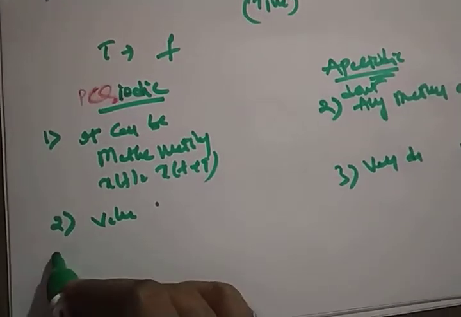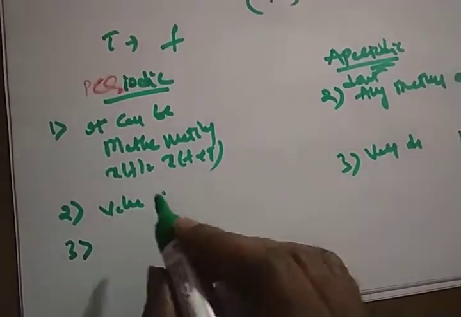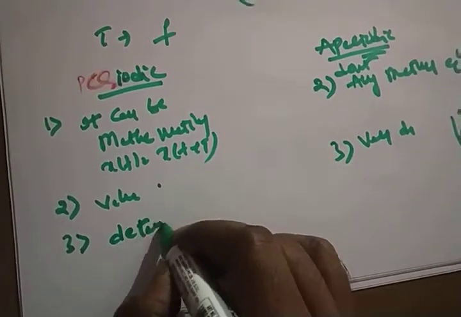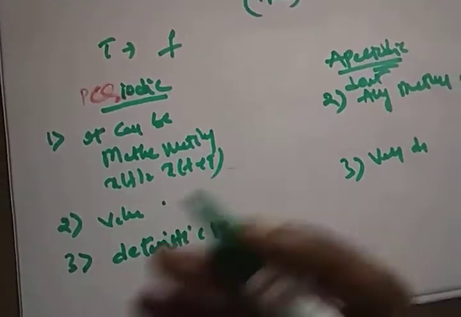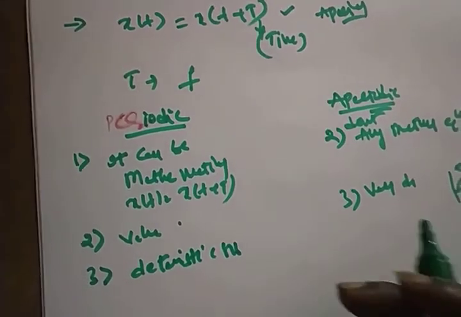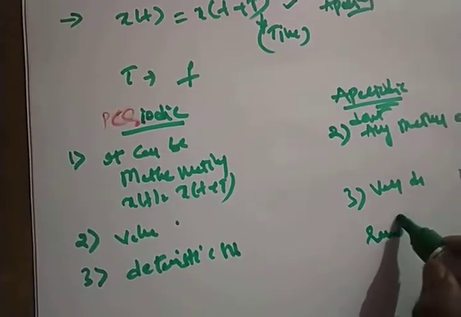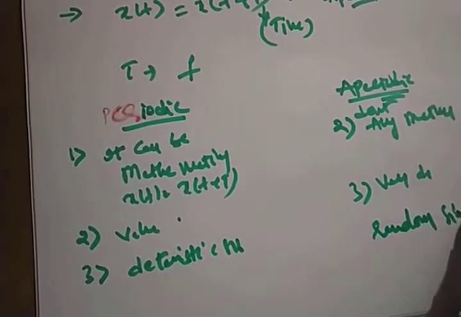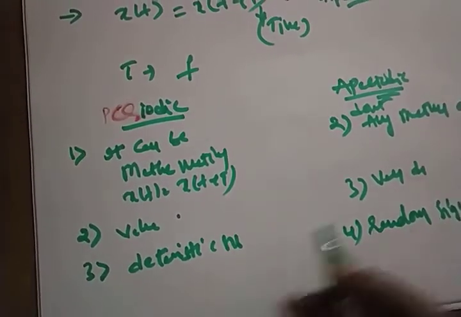After that, periodic signals are deterministic signals, where at each and every point of time you can determine the value. Aperiodic signals are random signals. Random means unknown things are involved.